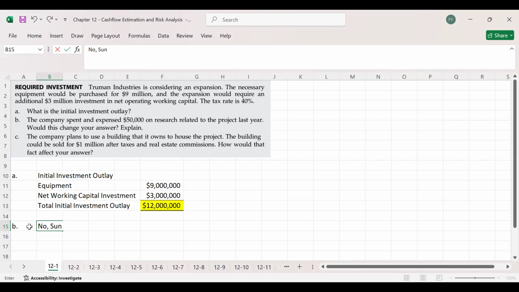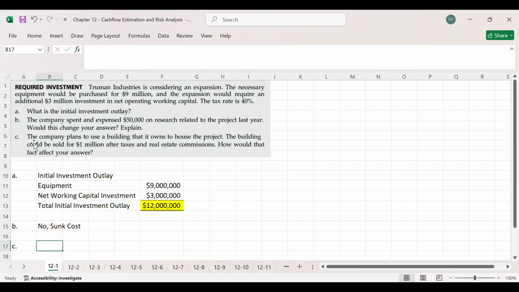Because this is a sunk cost, and as we have discussed, it is a cost that has been incurred in the past and now cannot be recovered. So this is irrelevant to the decision making in this particular problem. This is irrelevant to the expansion of the business. So no, this will not change our answer as it is a sunk cost.